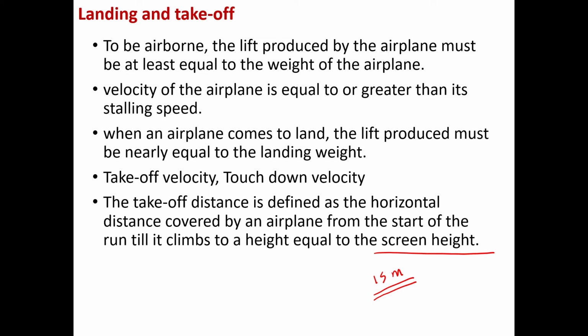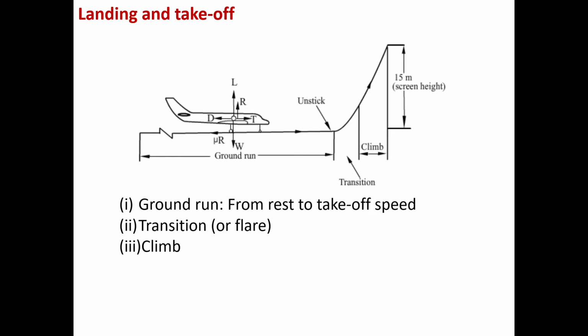This is also true for landing. The landing distance is the horizontal distance it takes to go from the screen height to the velocity zero condition, the full stop condition.